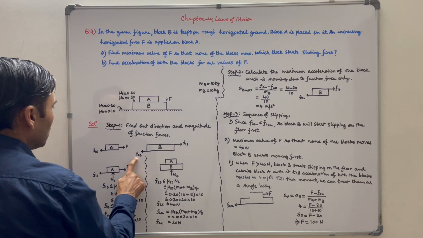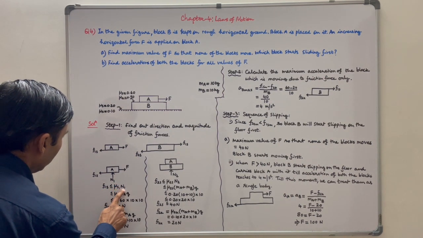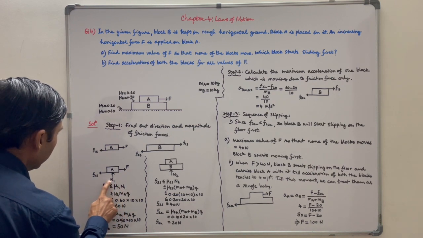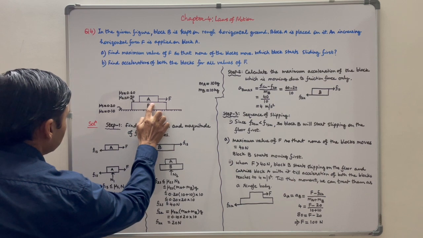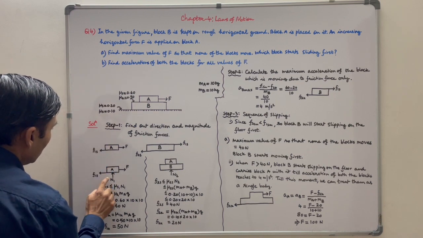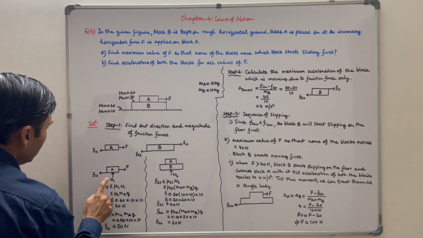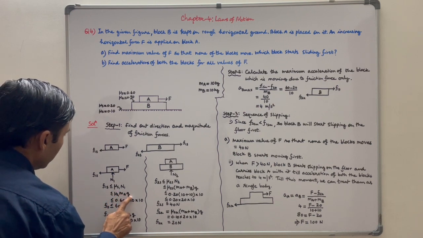magnitude of friction forces. F1s is less than or equal to muS1 into N1, where N1 is the normal reaction that works perpendicularly upwards on this contact surface. Weight of block A is mA g that works perpendicularly downwards. So N1 is equal to mA g. So F1s is less than or equal to muS1 into mA into g.